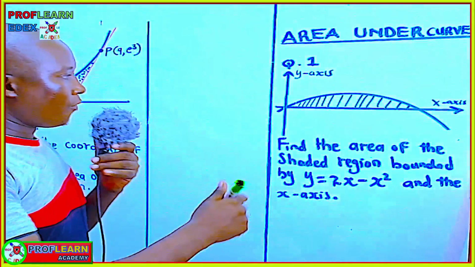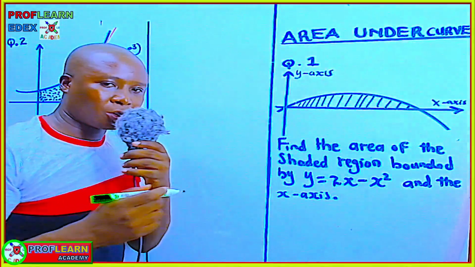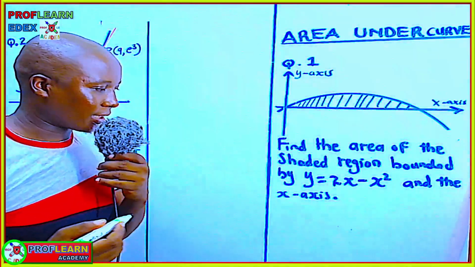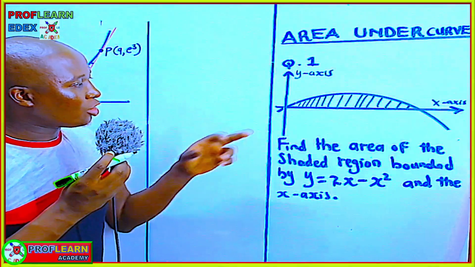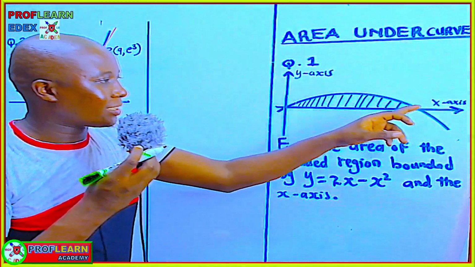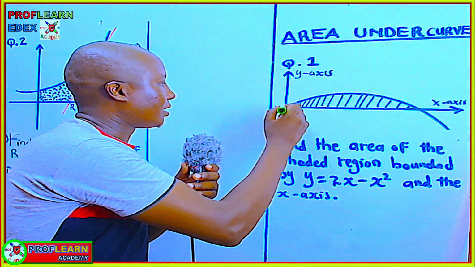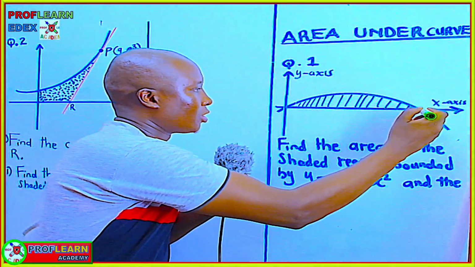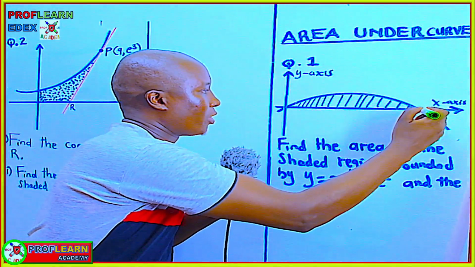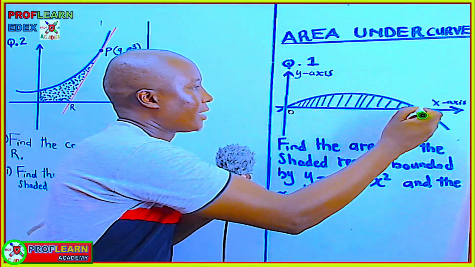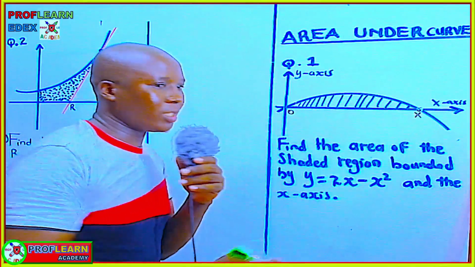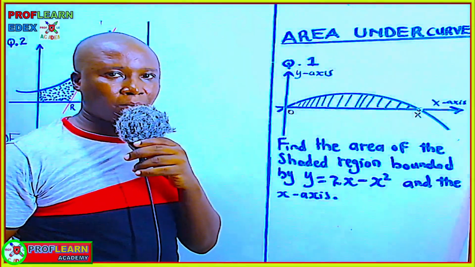Now, for you to work out this particular question, remember we're going to use integration, and in order to integrate this curve, you need to know the limits. Our limits are going to be 0 and the x coordinate at this given point.